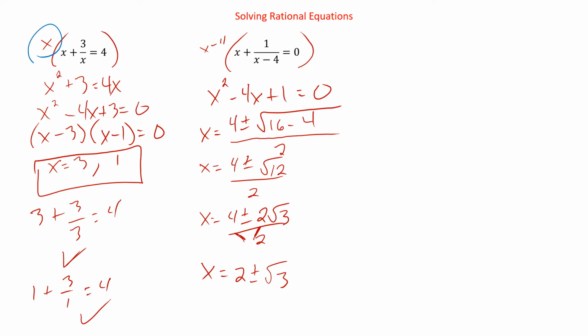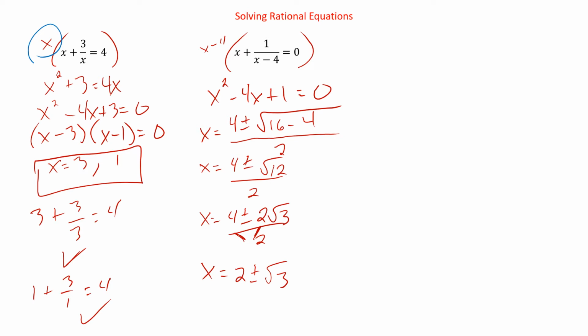So we have 3.732 plus 1 over 3.732 minus 4 equals essentially 0. The calculator says 6.567 and so on, then e to the negative 4. So that's going to be 0.00065. So that's basically 0. We rounded the root, so it's not going to be perfect.